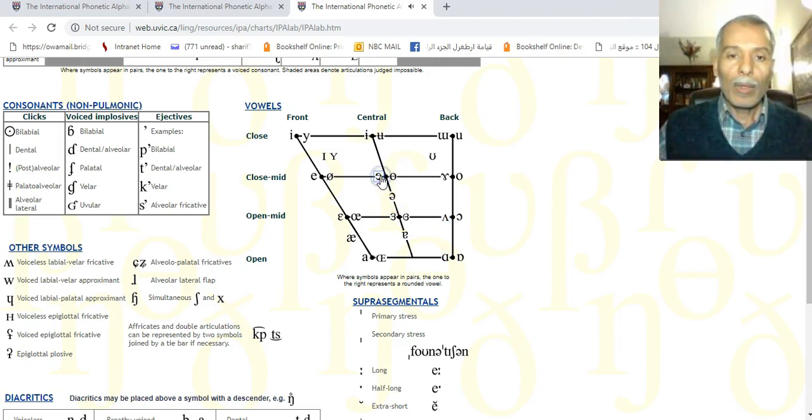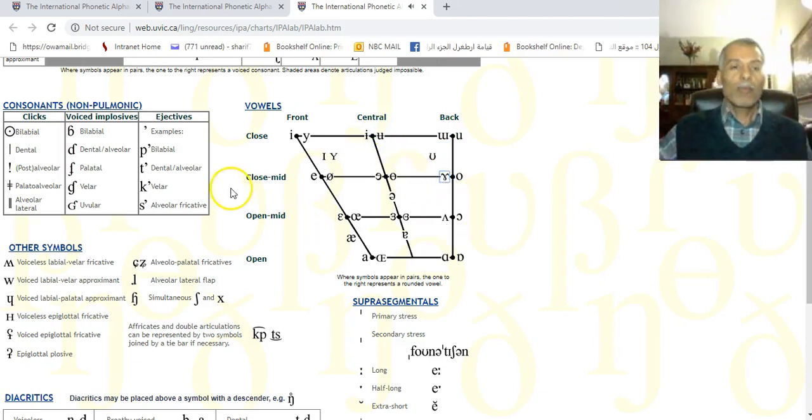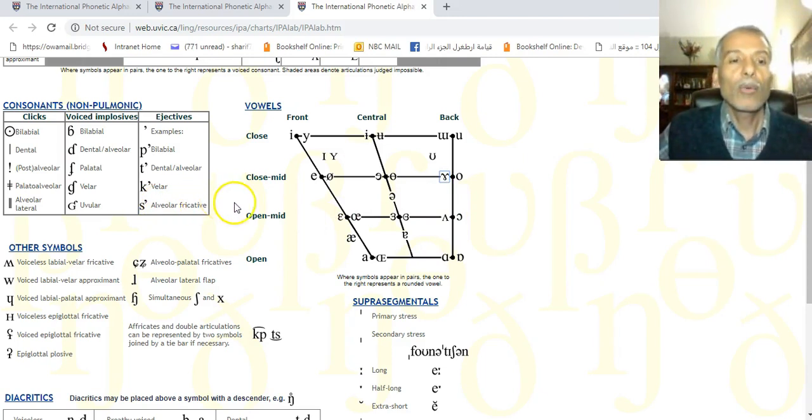U, E, U, E, O, U, E. So that is, again, these are sounds from various languages.